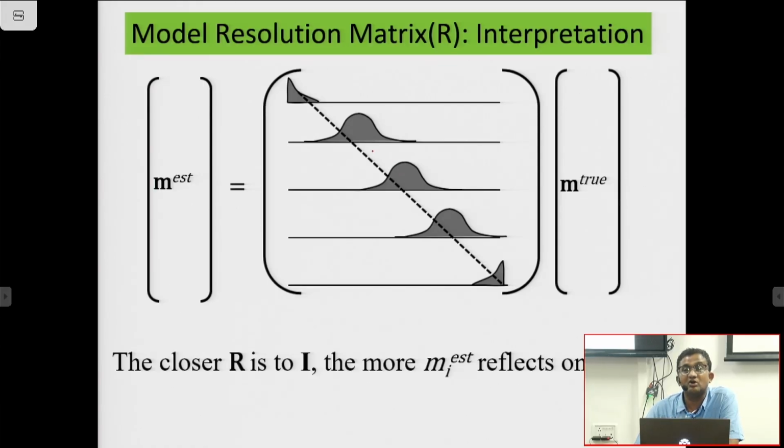So how many model parameters are resolved, and how they are associated. By evaluating the model resolution matrix, we can analyze this. From the distribution of the elements in the model resolution matrix, we are able to interpret their relations, how they are resolved, and to what extent they have been resolved.